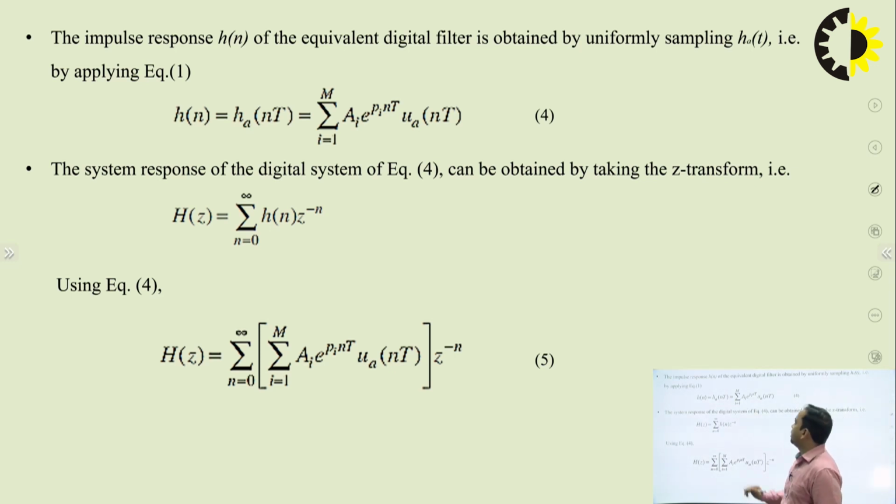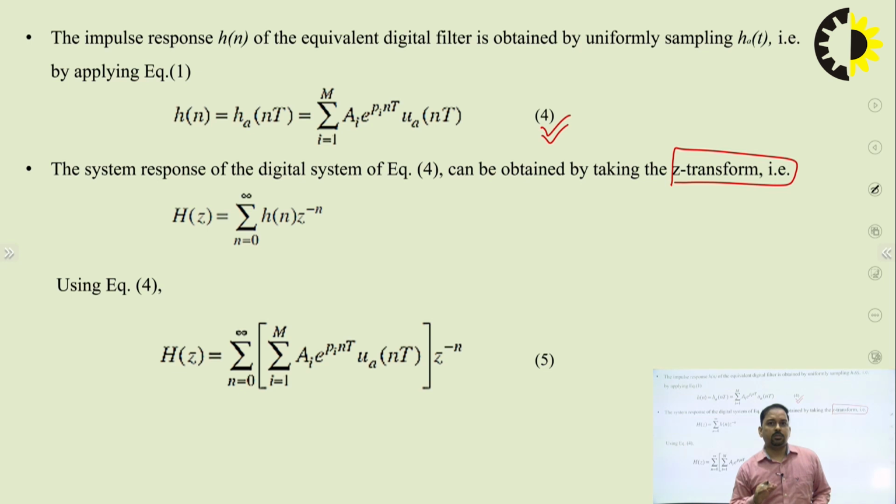So we again have the summation of Ai e raised to power Pi nT u(nT). From equation number 4, the system function H(z) for a digital filter can be obtained by taking the Z transform of equation number 4.